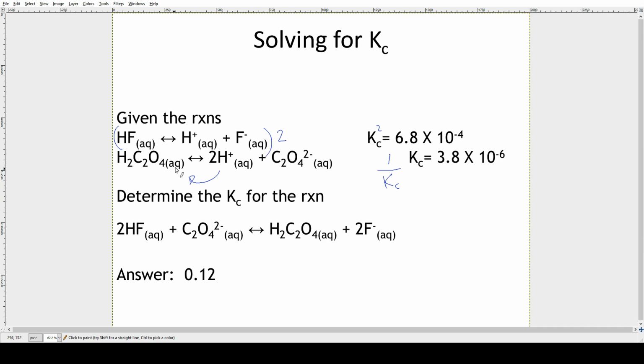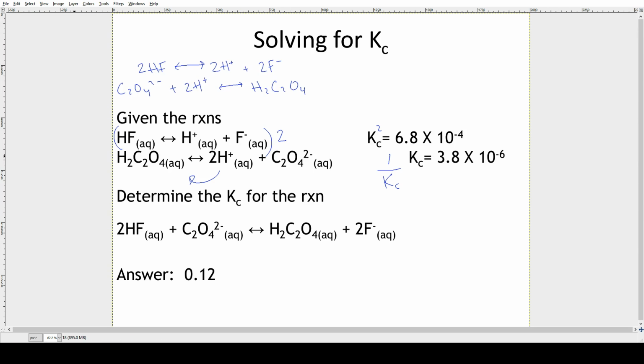So if I were to reverse this, I'll just rewrite it so we can see it clearly. 2HF reversible 2H plus 2F minus. I'm reversing this thing, so here is C2O4 2 minus plus 2H plus reversible H2C2O4.